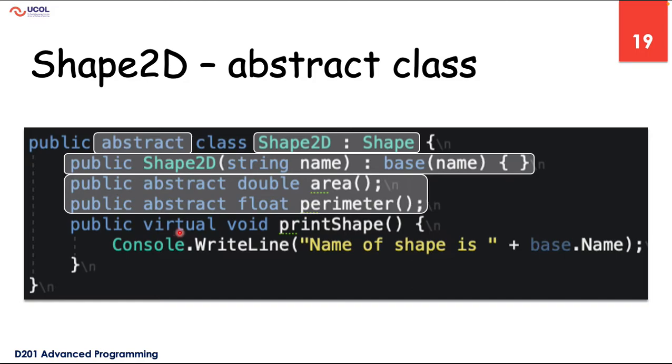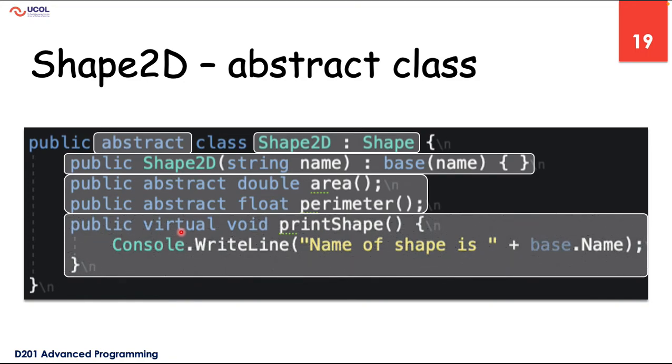And then we also have a virtual method. What is a virtual method? A virtual method is a method which can change. Like here we are saying print shape, so we are saying the name of the shape is this, because we don't know which shape it is, how many sides it has, how many vertices it has, and so on. So this particular method can be changed in the child classes.